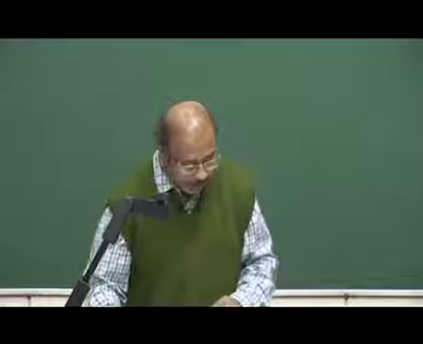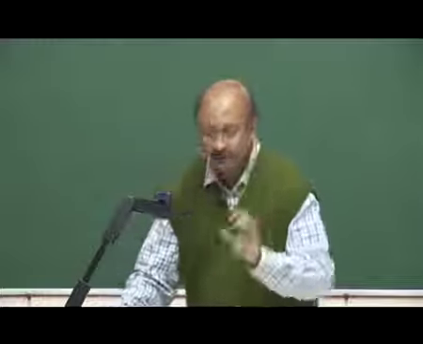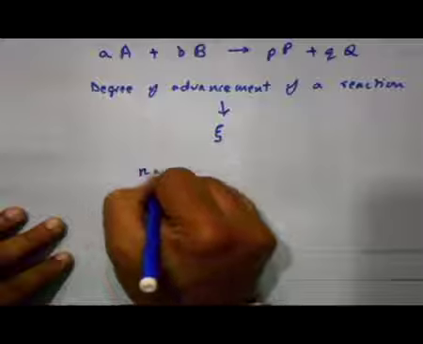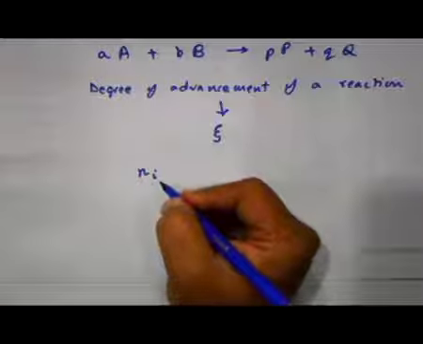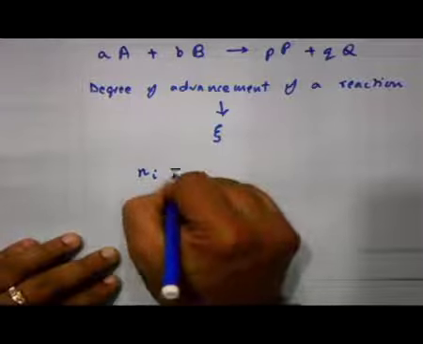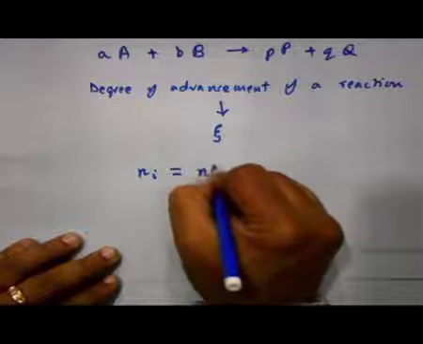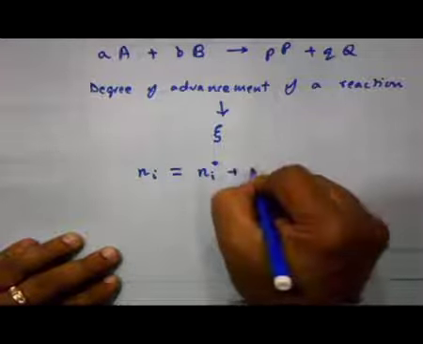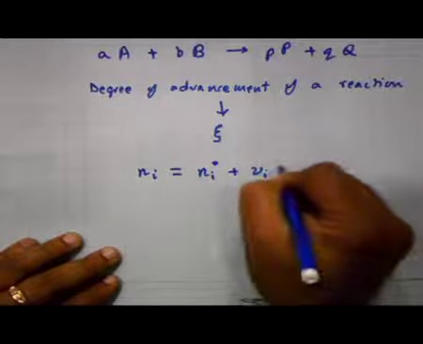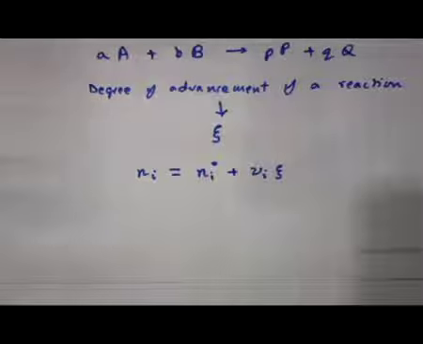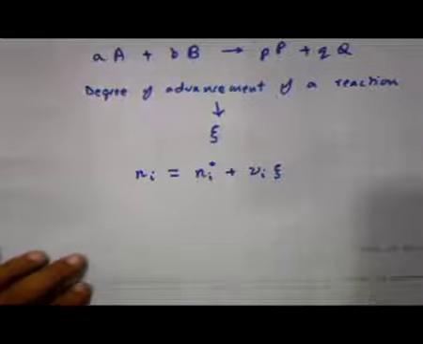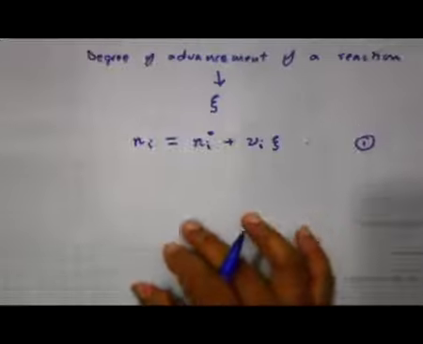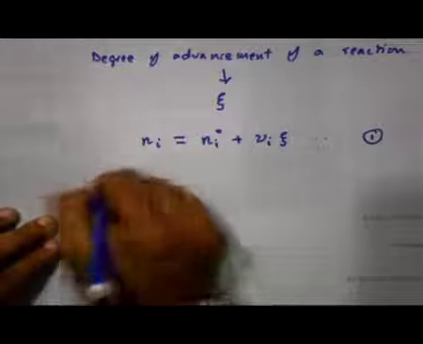Now, we can write a certain expression: n I is equal to n I naught plus nu I xi. Let this be equation 1. If xi is the degree of advancement of the reaction, what is n I?